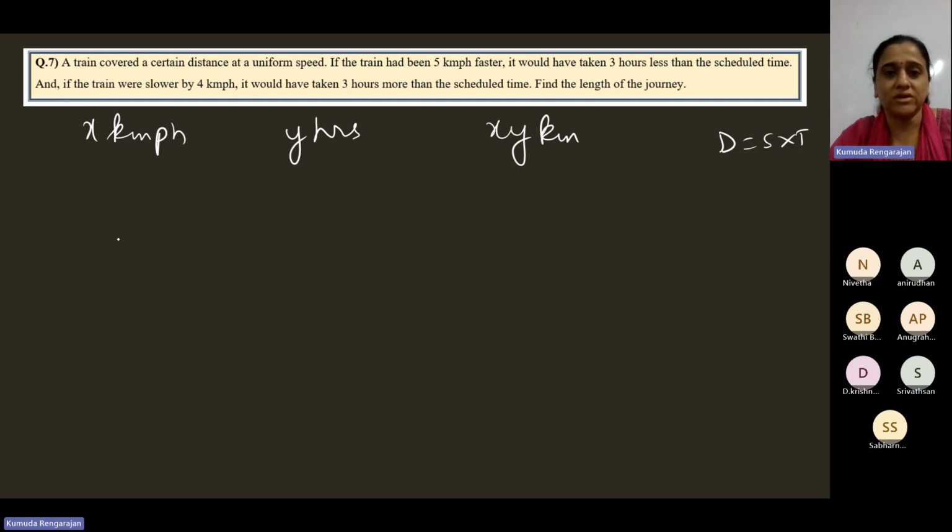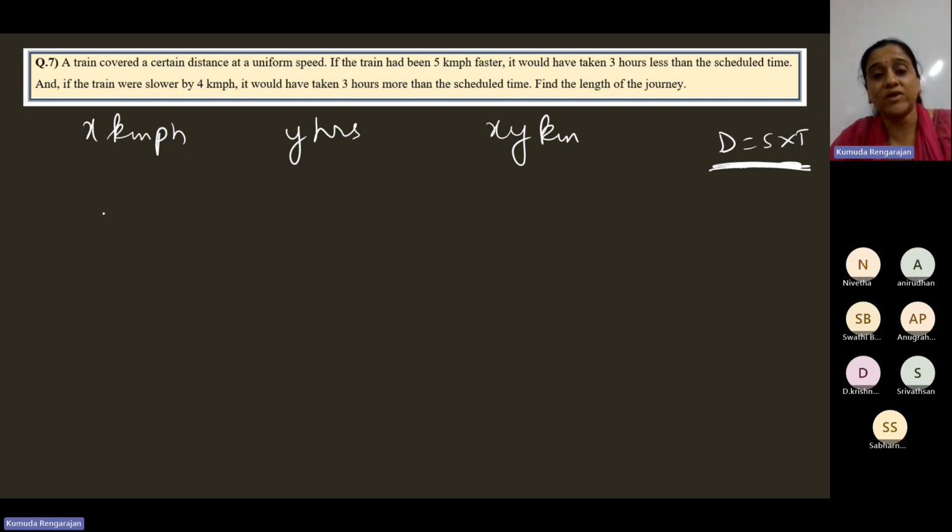Now, read the question. This is the formula with the help of which we're going to construct the equations. Distance is equal to speed into time. So new speed into new time is equal to the same distance. So what's the new speed?